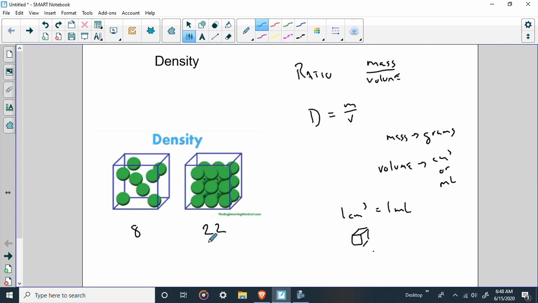Now they both occupy the same volume, right? They do. They both have the same cube that they fit inside. So the ratio here is 8 to 1. The ratio here is 22 to 1. This one is much more dense, and this one is much less dense. Okay.